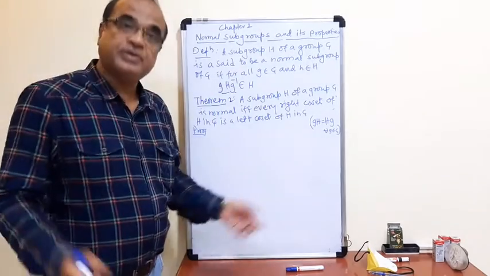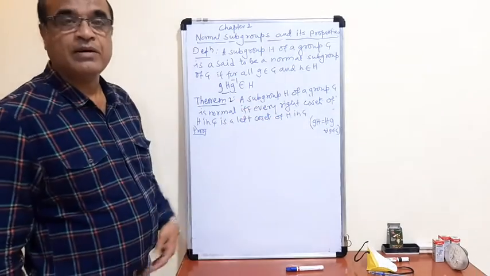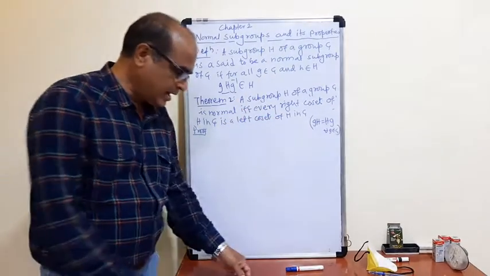So we know the definition of a right coset. We already discussed what the right coset and left coset are here.